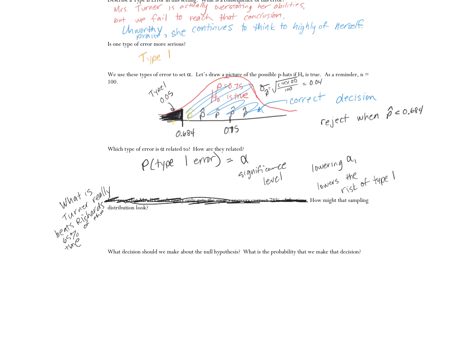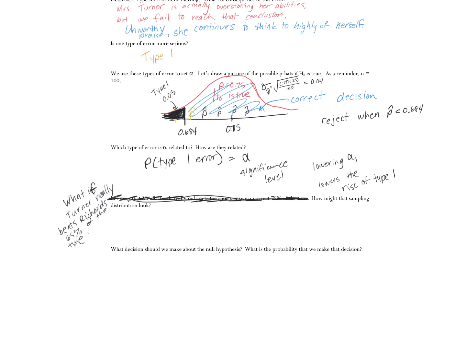What would those p hats look like? First of all, if this is the actual truth, what decision should our test make? What's the correct decision?